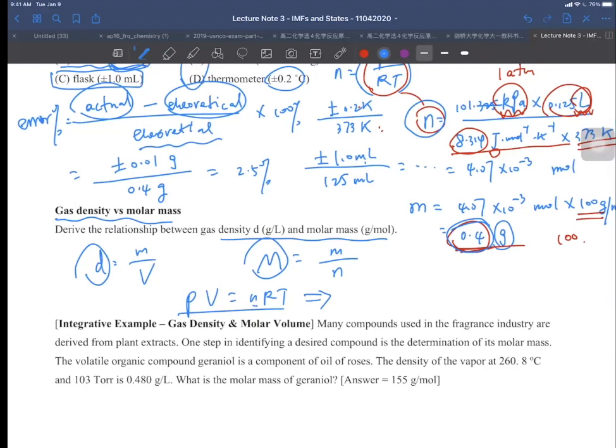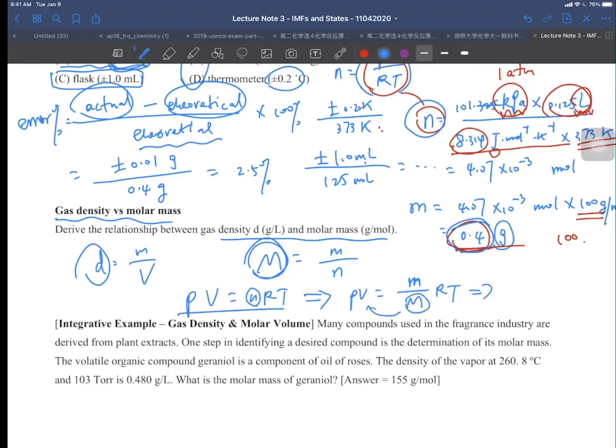First, I will change the n into mass over molar mass. So PV equals m over molar mass times RT. I hope you guys can follow, okay? I will stop a while after each step for you to take notes and digest the contents. I don't know how comfortable you feel about derivations like this. So now put the molar mass on the left side.